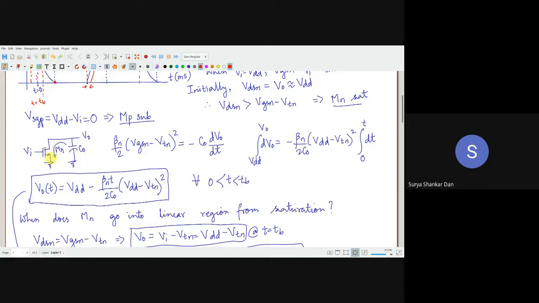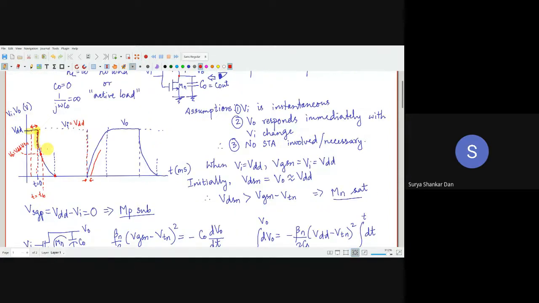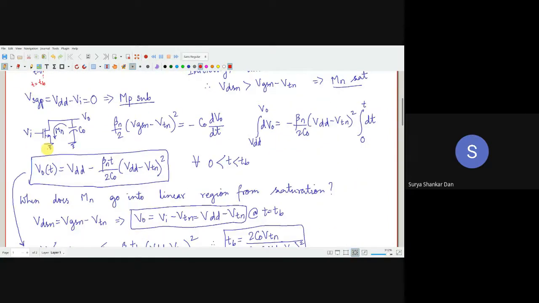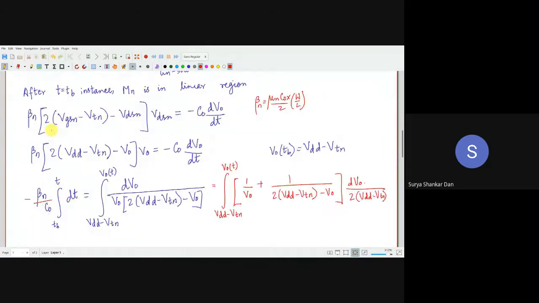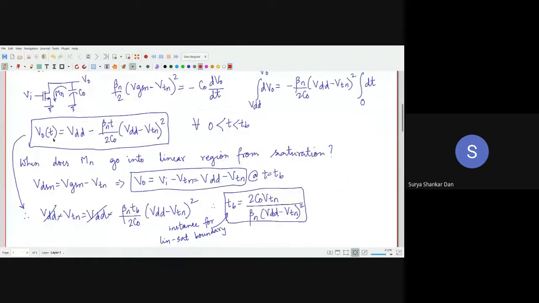This is CO, and this is the resistance which is offered by the N MOSFET during the transition. So initially that resistance was because of the saturation region, which was very high. Okay. Now in the linear region, this resistance across the N MOSFET is going to be much lower. So the time constant will be different.